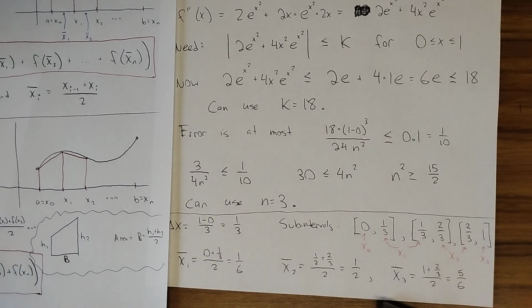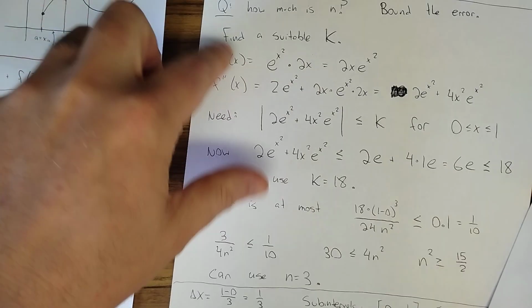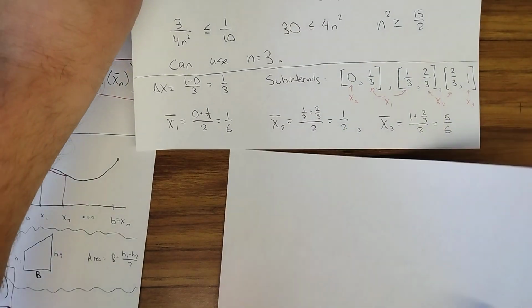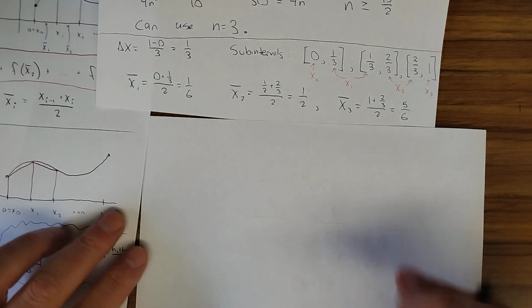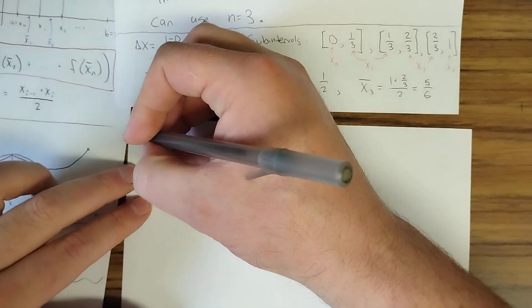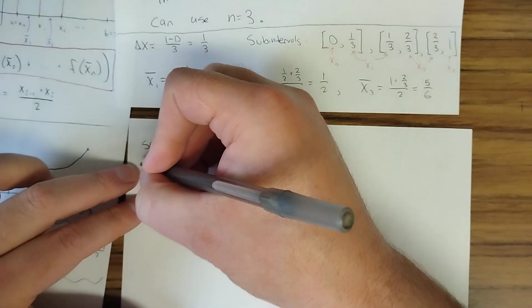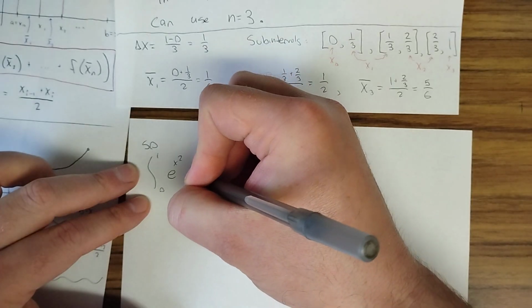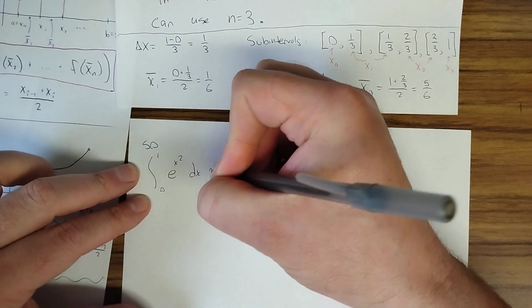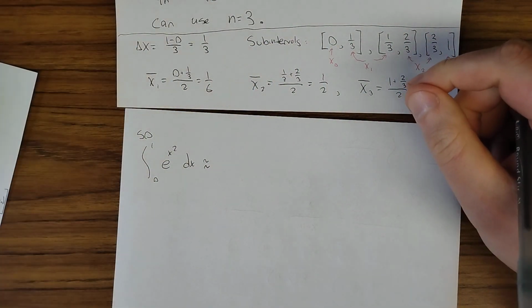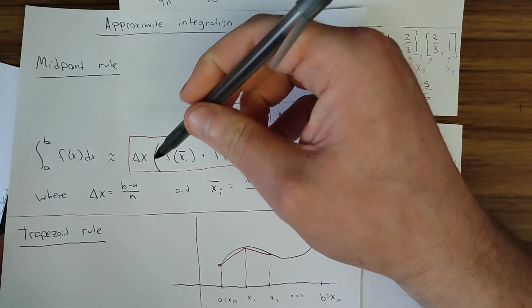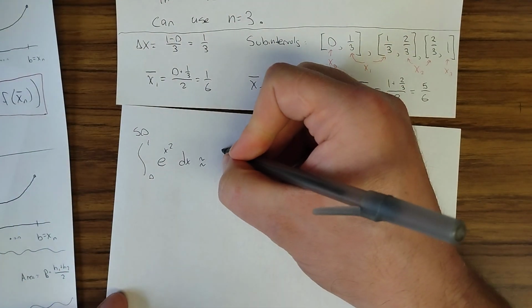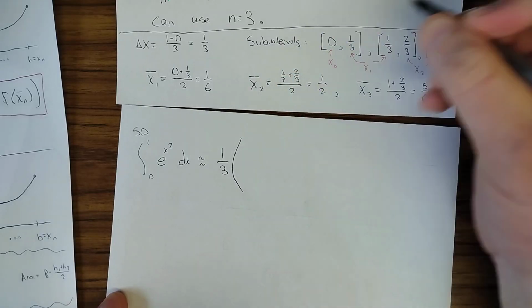Okay, and we are getting very close to done, I swear. So this is approximately, I've got a delta x, so that's 1/3.